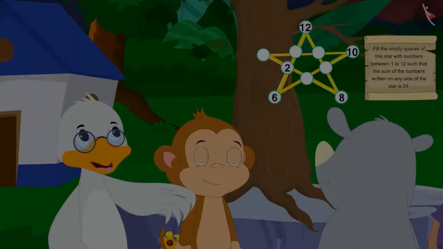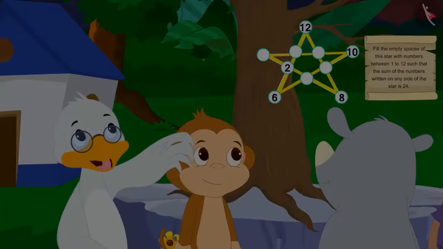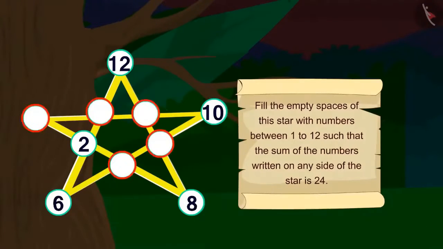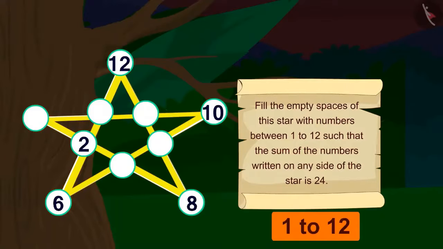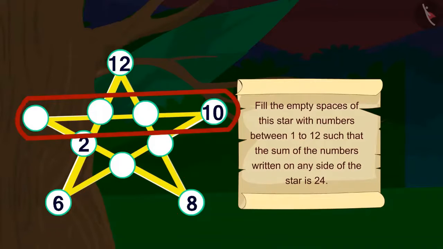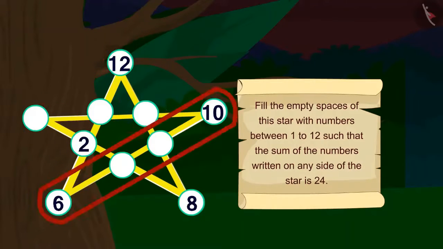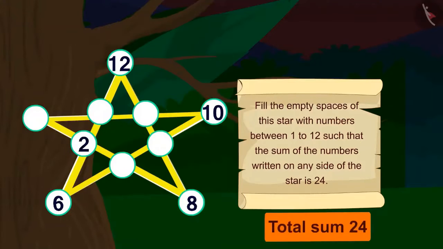Look here, it is written on the top. Fill the empty spaces of this star with numbers between 1 to 12 such that the sum of the numbers written on any side of the star is 24.